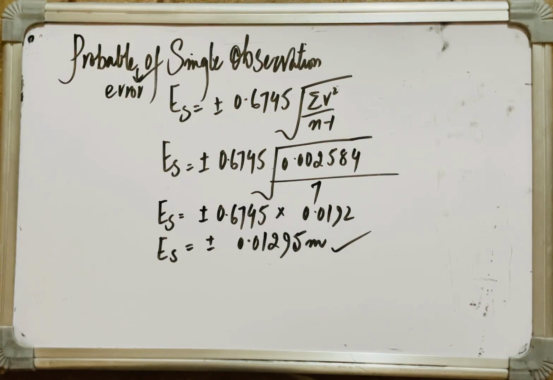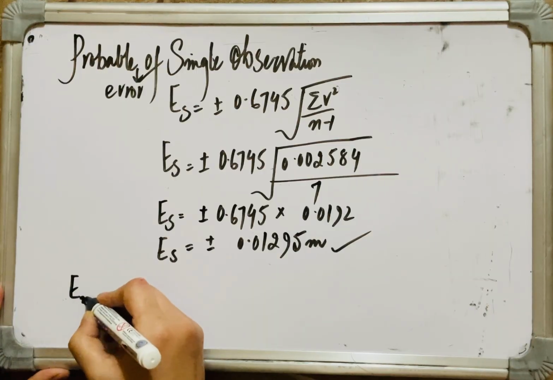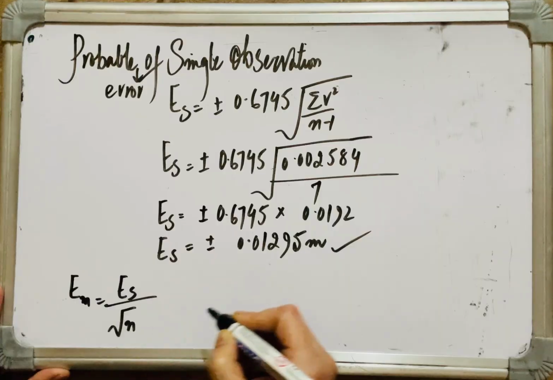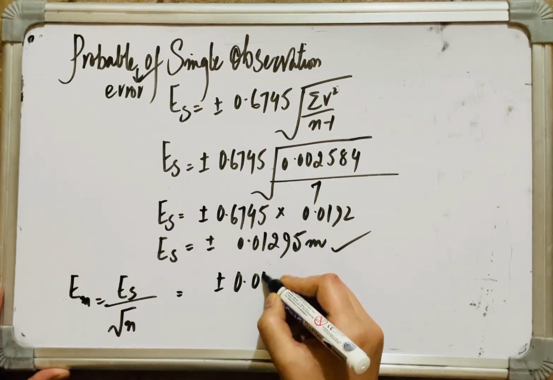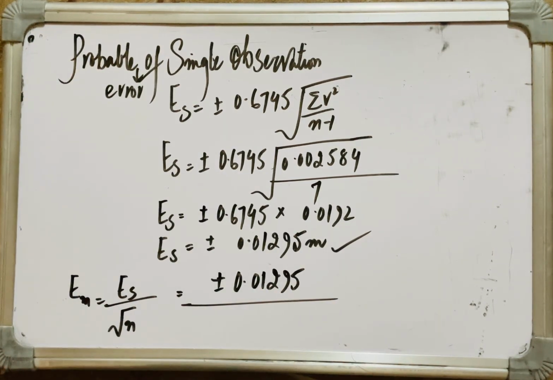And you know how the two are related. Probable error of the mean is given by probable error of the single observation divided by square root of n. So probable error in single observation is plus minus 0.01295 meters divided by square root of n. How many readings were taken? 8 readings.